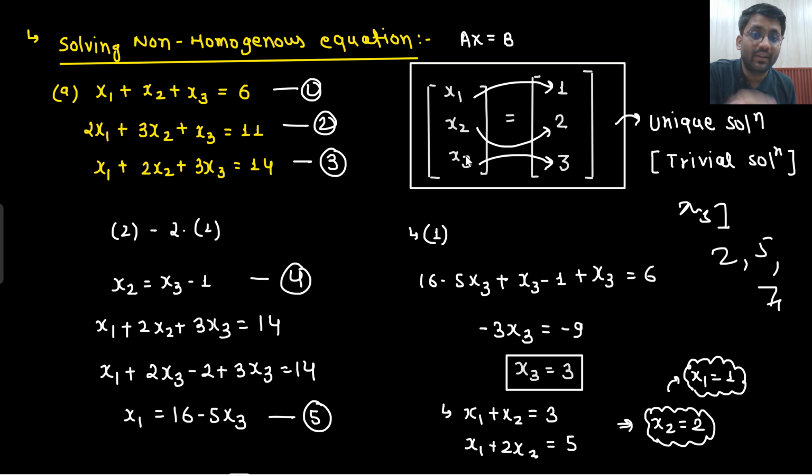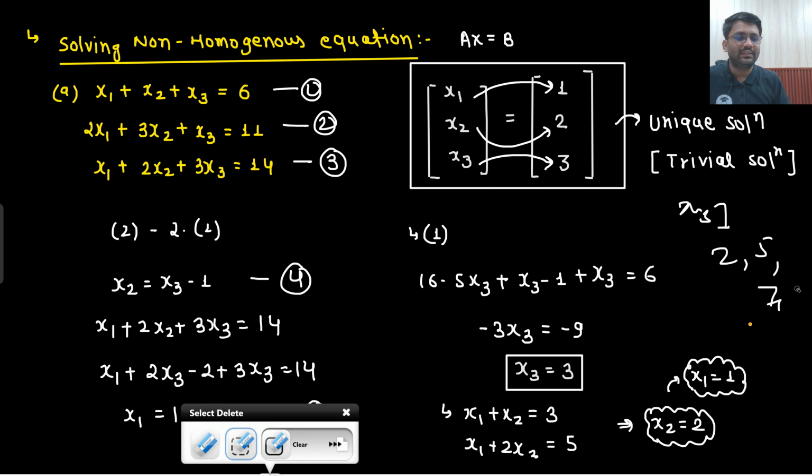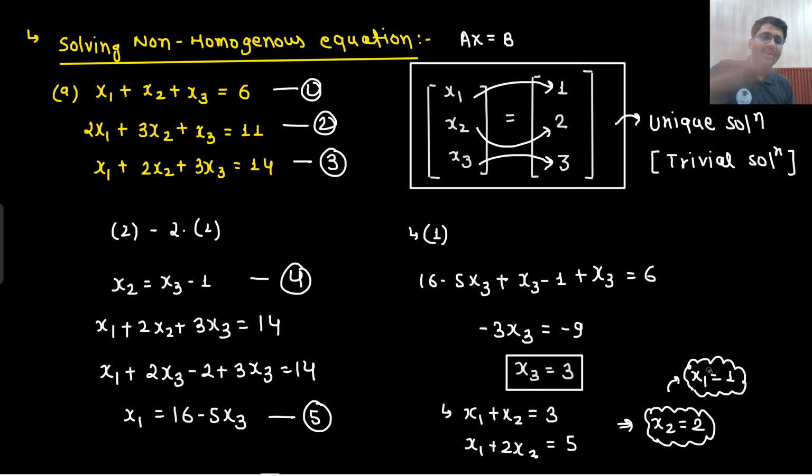But here they are not free. x3 has to take value 3. x2 has to take value 2. And x1 has to take value 1. So they are not free. They are dependent. x1 needs to take value 1 only, x2 needs to take value 2 only, and x3 needs to take the value 3 only. Although we will see all these things later on, as of now you can see that there are no free variables.